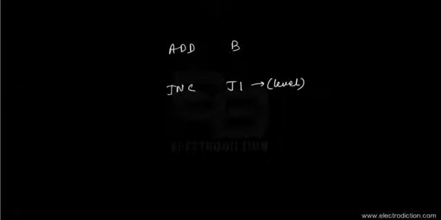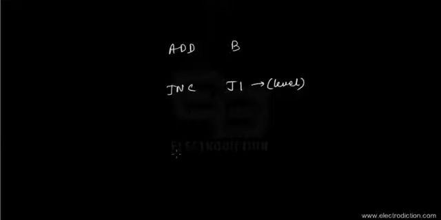After that, let's assume that there is a carry, and the condition of this jump statement becomes false. In that case, the program would move to the immediate next line. So if there is a carry, what should the program do?